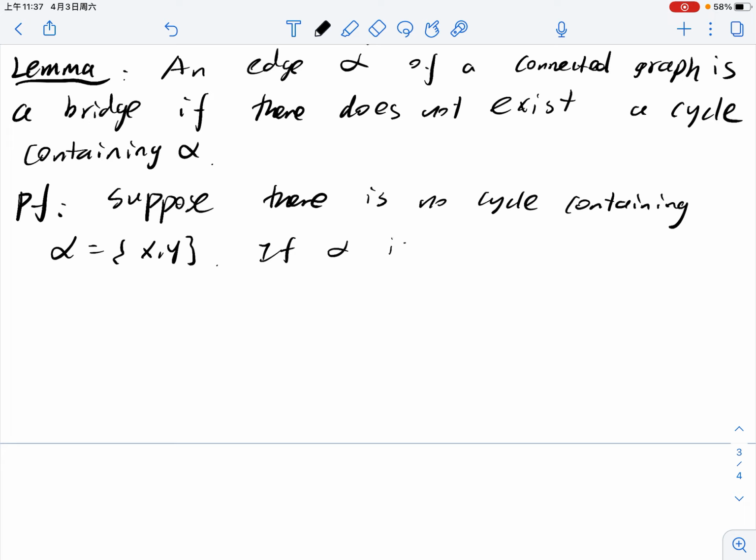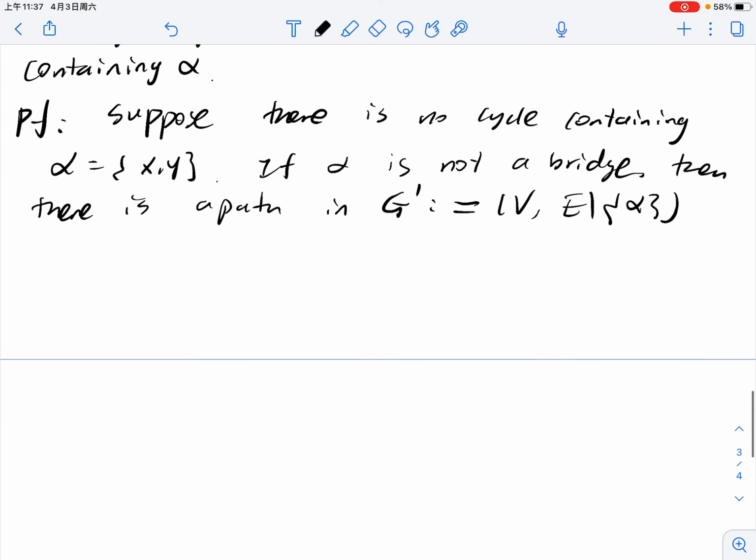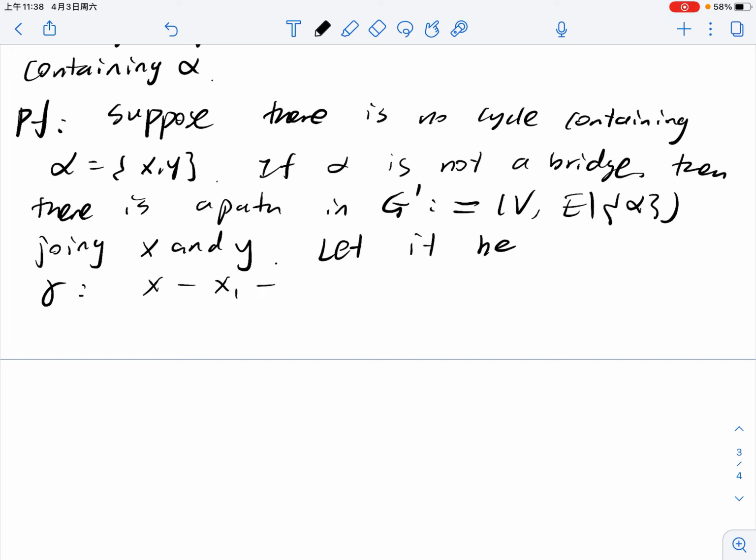If alpha is not a bridge, then there is a path in the subgraph G prime defined by V, E minus alpha, joining x and y. So let it be gamma: x, x1, x2, and so on, xm, to y.